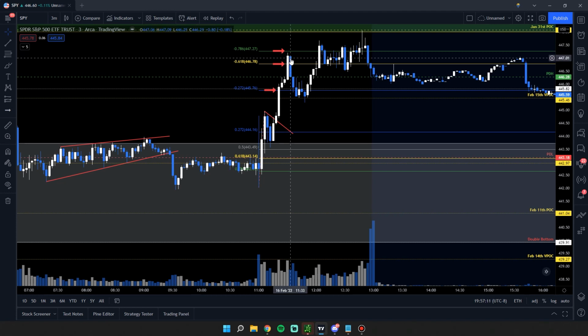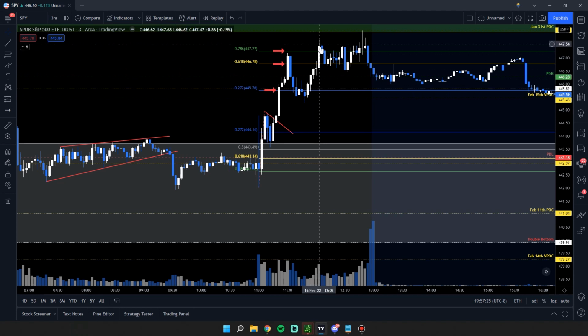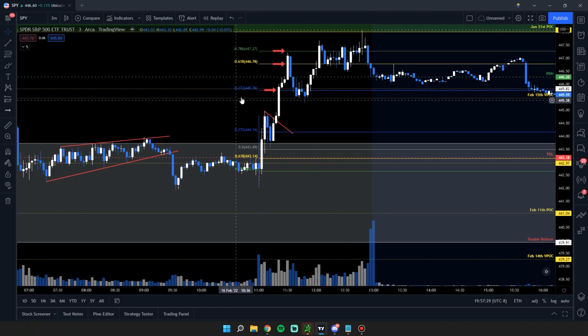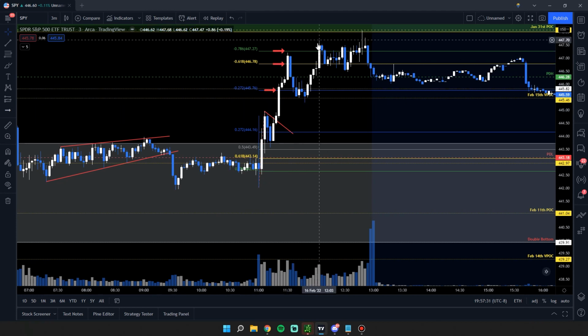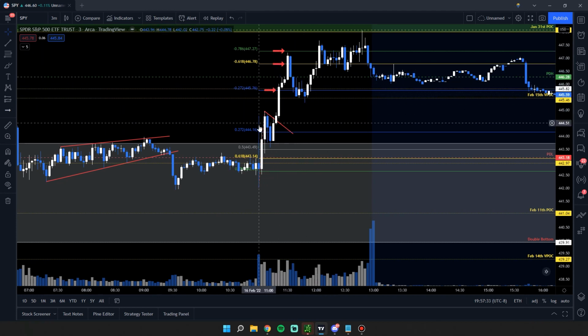But if I didn't get out up here, and it came back down to this 618 level, this then becomes my stop loss. But if you're more resilient than me, and you played all the way down past your 272 level, back to the upside, you would have got that third trim at the 786 level. I don't think very many people would hold through this, though. Especially after being that profitable in this trade.